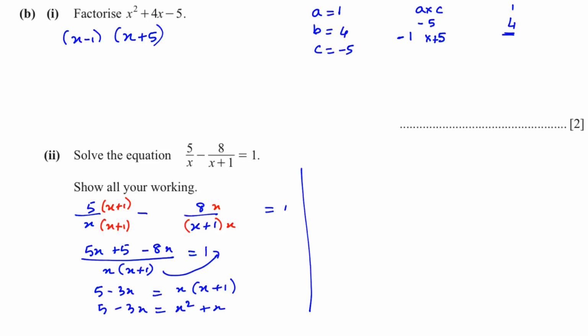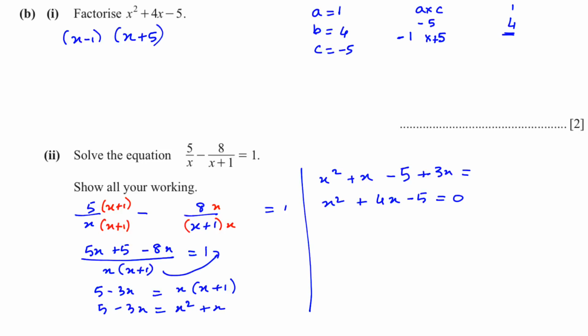Bring all the terms on one side, so x squared plus x. The positive 5 when we bring to the other side will be negative, and the negative 3x will become positive 3x. So this, when you simplify, you will get x squared plus 4x minus 5 is equal to 0.